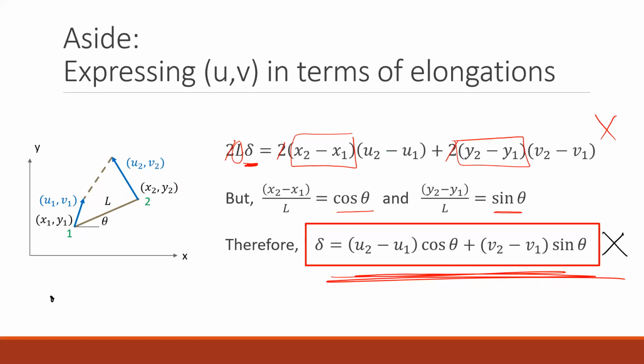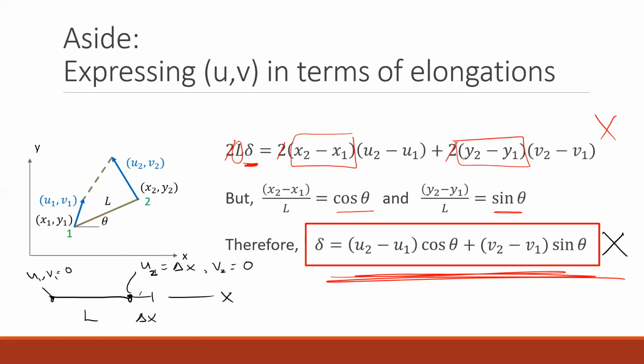If you look at, say, a member that's in the x direction, and this is L, and this is my delta x, so I extend it. Let's say that this point, point 2, has u2 equals delta x and v2 equals 0. This one has u and v equal to 0.